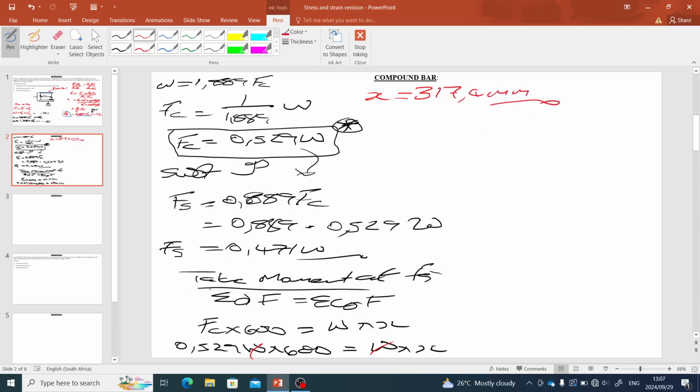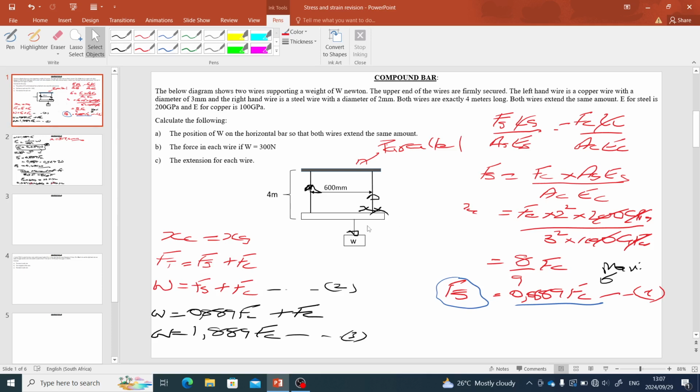We've now managed to determine this distance X. From here to here it is 317.4 millimeters. The remaining distance from here to there is 600 minus that.